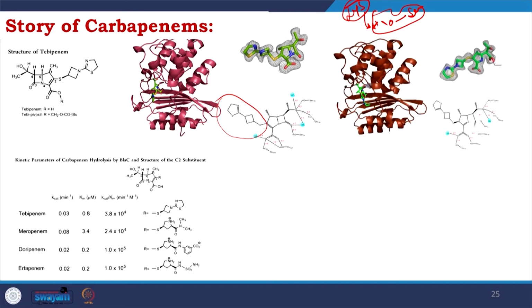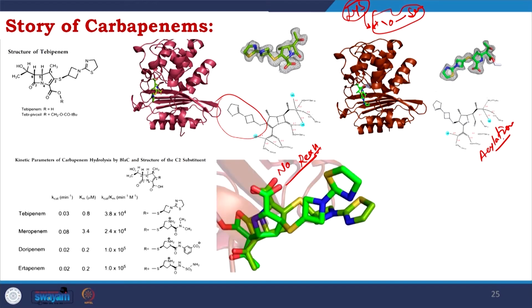So, we get two states, one where the reaction does not happen and one where acylation happened. They are actually very similar candidates to compare, and when we compare between them, we see a change in conformation.